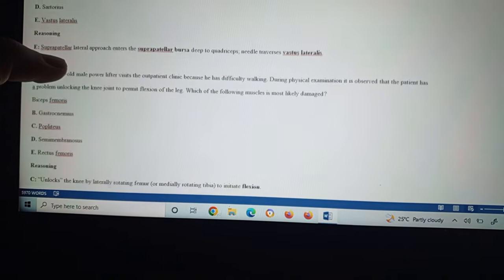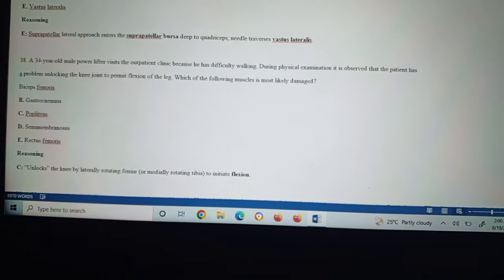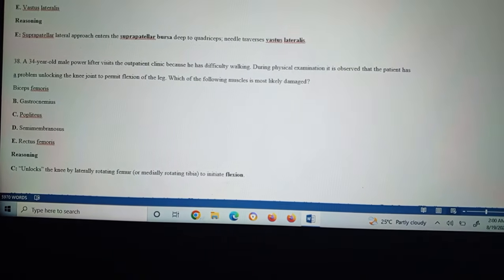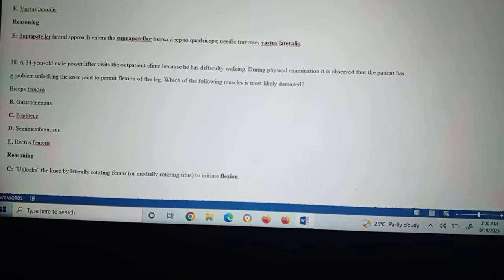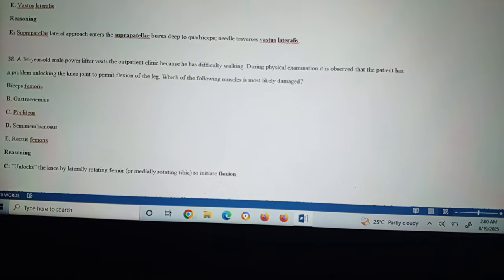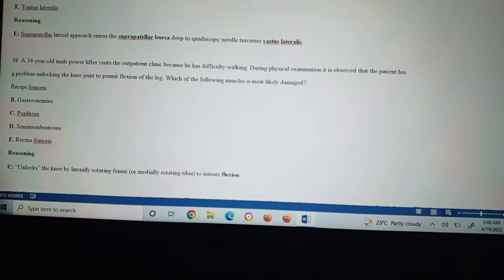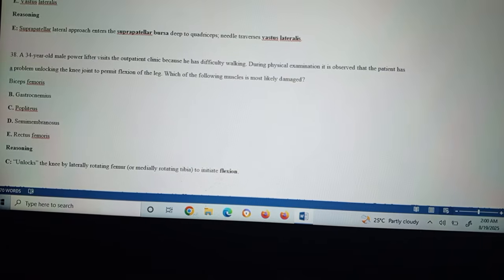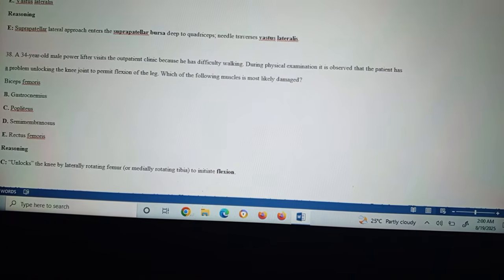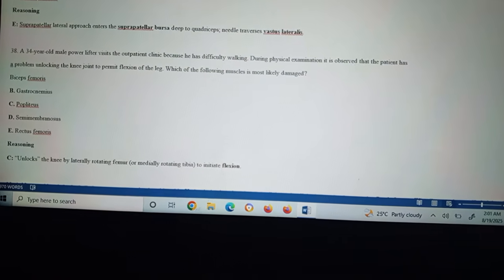Now comes to question number 38. A 38-year-old male power lifter visits the outpatient clinic because he has difficulty walking. During physical examination, it is observed that the patient has a problem unlocking the knee joint to permit flexion of the leg. Which of the following muscles is most likely to be damaged?